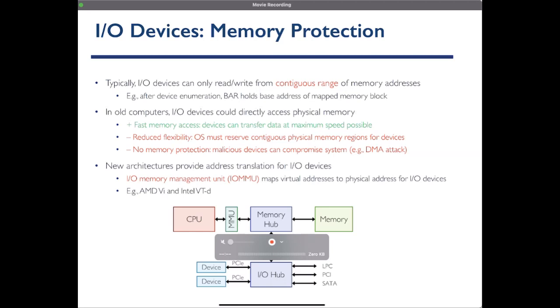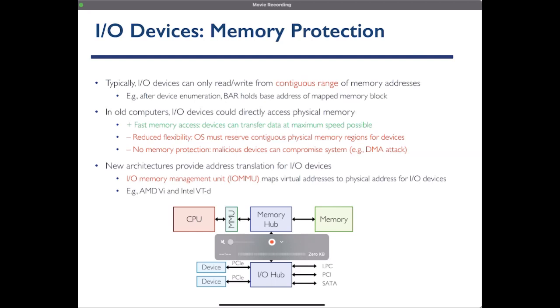So you would just have a base and bound kind of implementation for the range of addresses that the device reads or writes to. And this requires basically a contiguous range of memory. So your device would know the base address for its buffers or for its registers, and then a range. So how many addresses are assigned to me from what base.